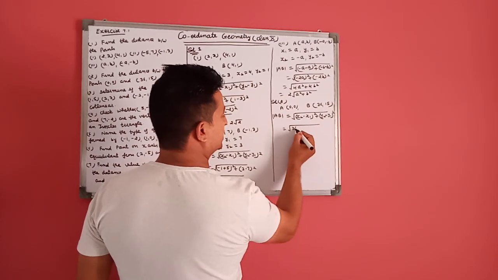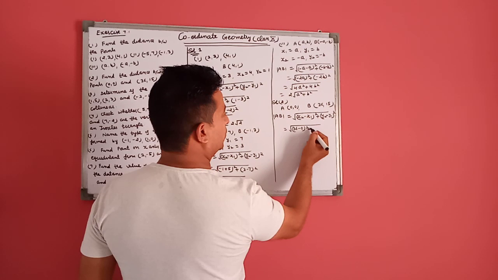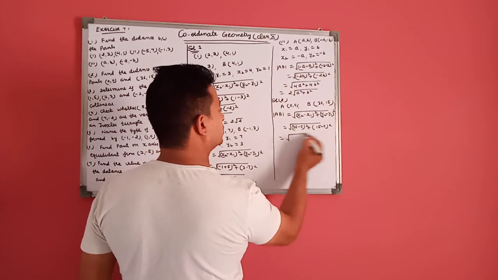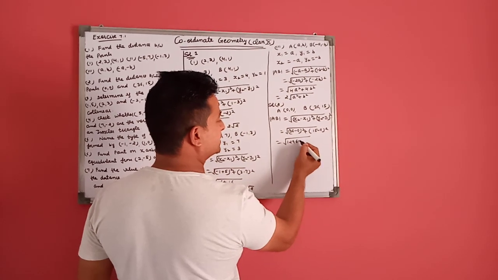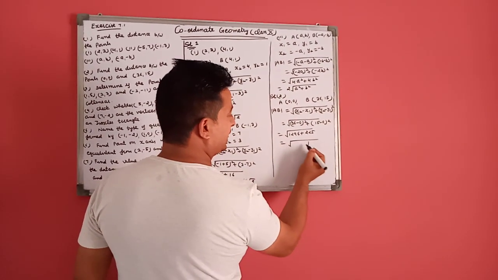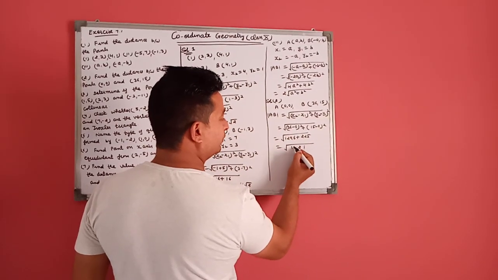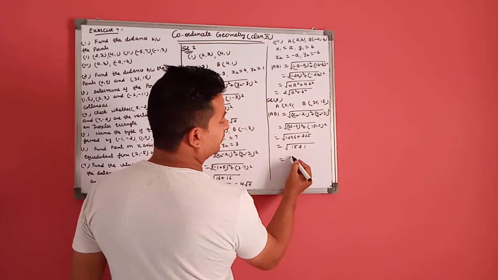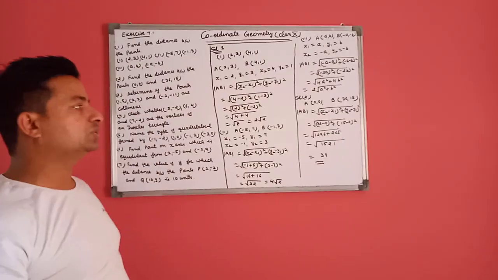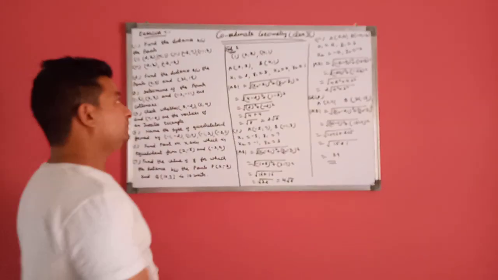So 36 minus 0, whole square is 1296, and 15 minus 0, whole square is 225. The sum is 1521, and the square root of 1521 is 39. This is the answer of question number 2.